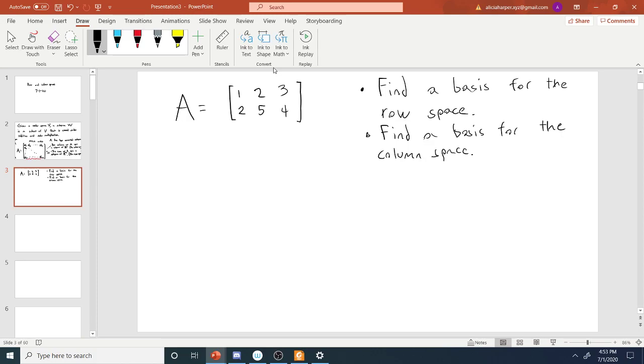All right. So here's the observation we can make. Row operations preserve the row space. In order to understand why this is true, think about what row operations you have. You can multiply a row by a scalar.